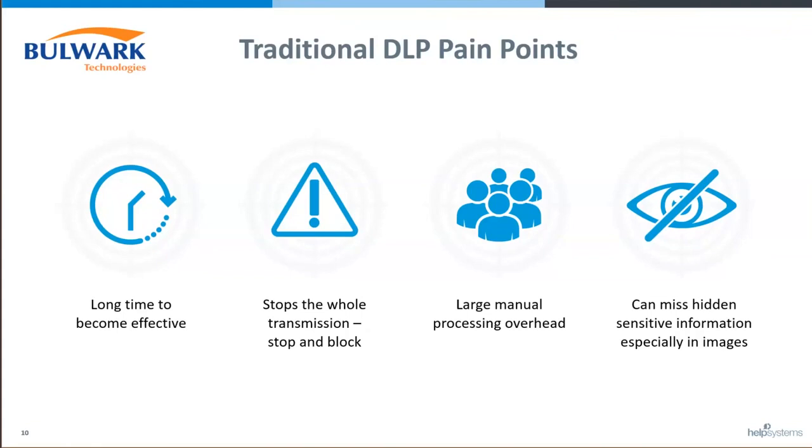And even when you finally get to that protection phase, maybe months or years down the line, because those solutions are very stop and block, they might find one thing in Appendix D of a document that looks like it might be a credit card number or a social security number, and they'll essentially block the whole communication, whether that's an email, a web transfer to OneDrive or Dropbox, a managed file transfer, or somebody copying data off to external media like a USB drive. This ends up becoming quite a barrier for organizations whose employees are just trying to go about their business.